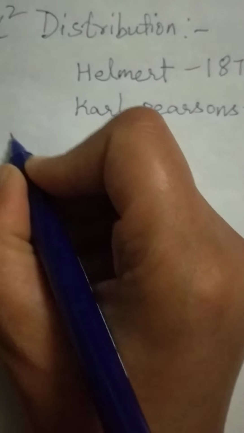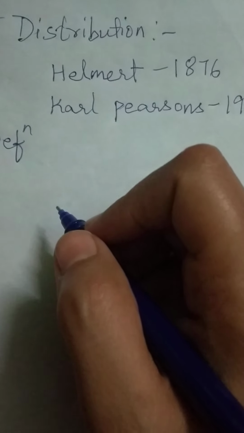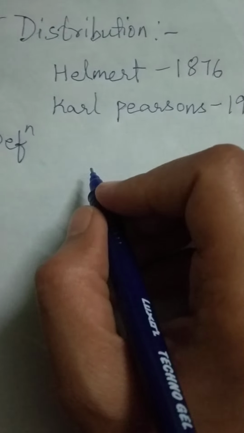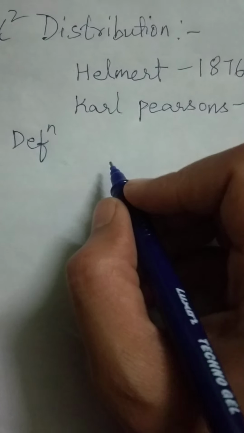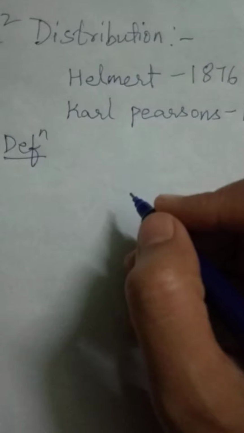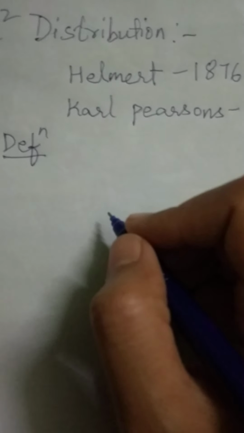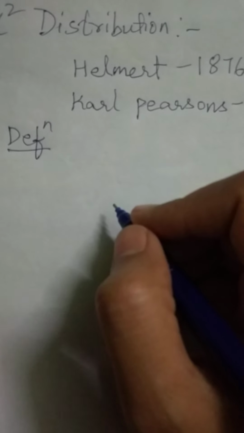Now its definition, students: it is the square of a standard normal variate, known as a chi-square variate. I will explain with 1 degree of freedom. The square of a standard normal variate is known as a chi-square variate with 1 degree of freedom.